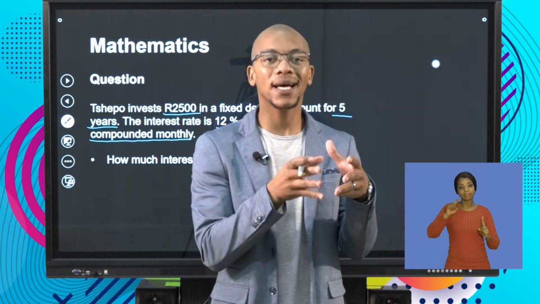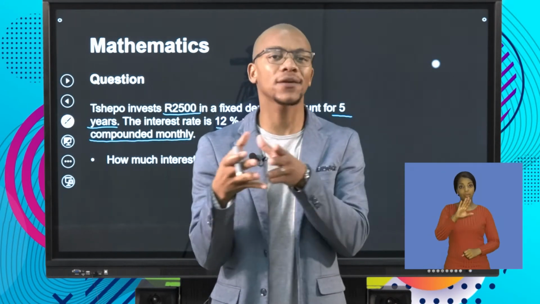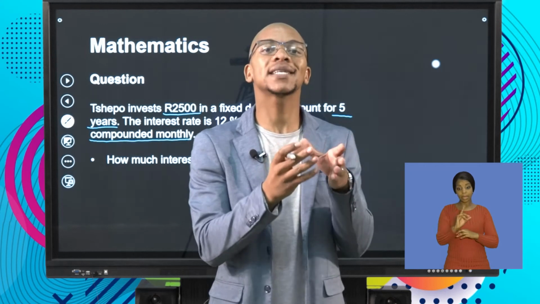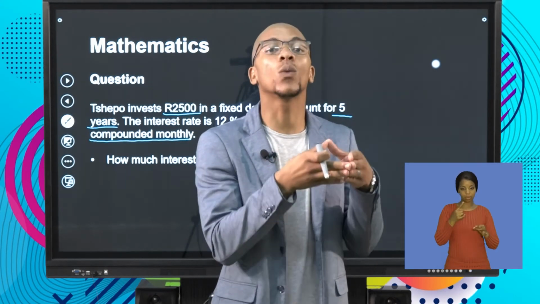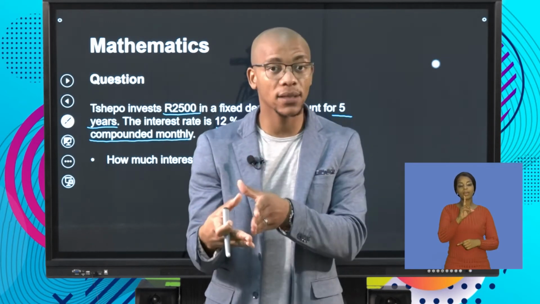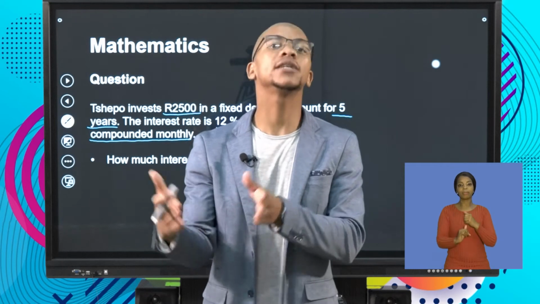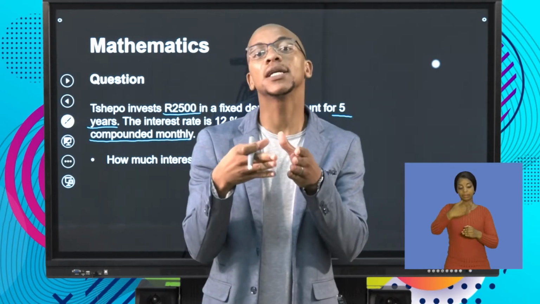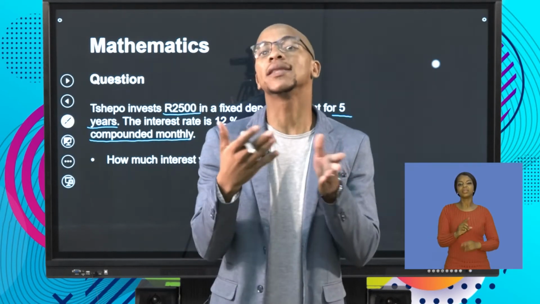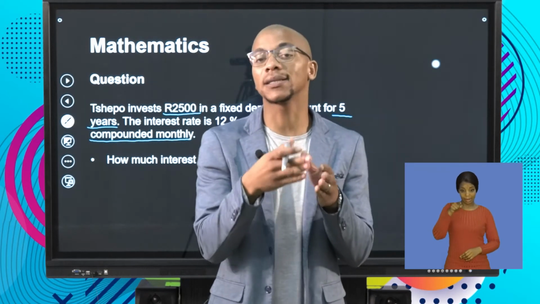So not necessarily that they're going to get 12% every month. No, they're going to get a certain portion of 12%. In this instance, it will be 1% every month for the duration of 12 months. But at the end of the year, it's supposed to be 12%, because that's the total interest that they are offering Tshepo in this context for every year, but compounded monthly.